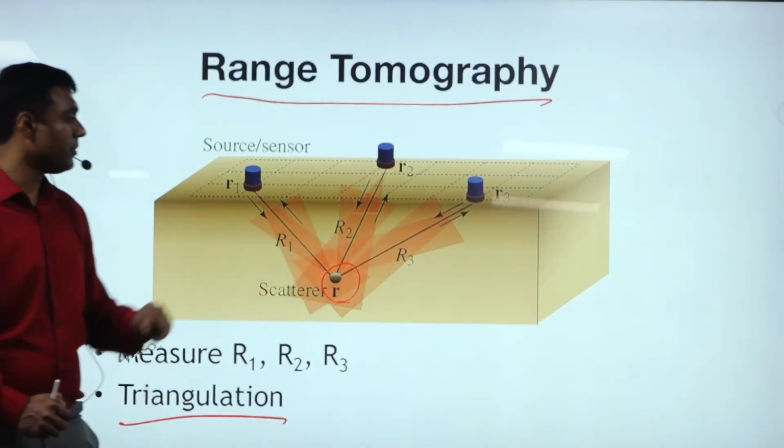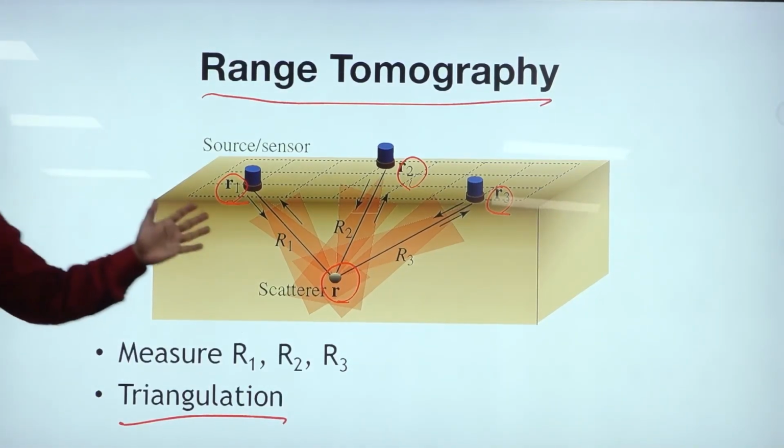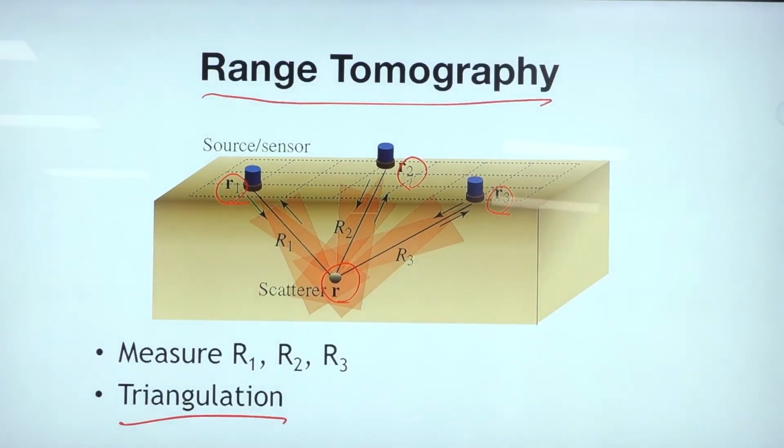You then measure the distance capital R3. So if you know the positions here, and you know R1, R2, R3, then you can actually back calculate where the position is, right? So in essence, this is the basic concept behind range tomography.